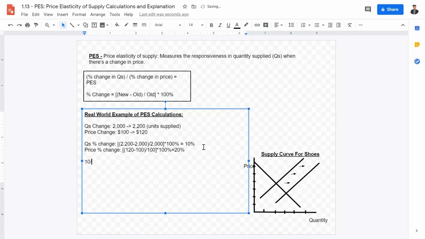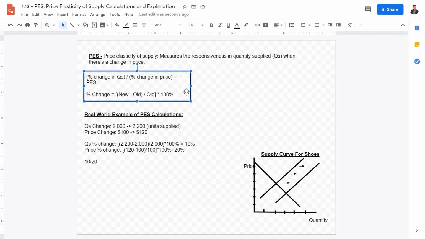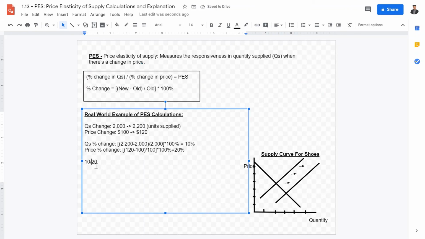Okay, so we take 10, and we divide by 20. Why is it 10 divided by 20? Because it is the change in quantity supplied divided by the change in price. That's how we calculate PES, right? So PES equals 10 divided by 20, which gives us a figure of 0.5.